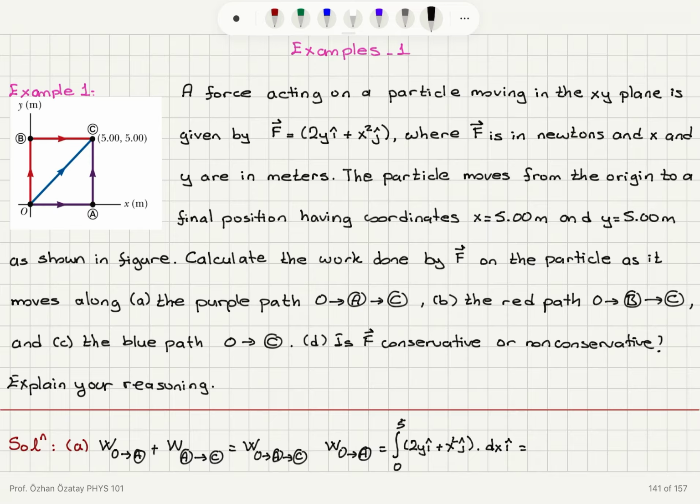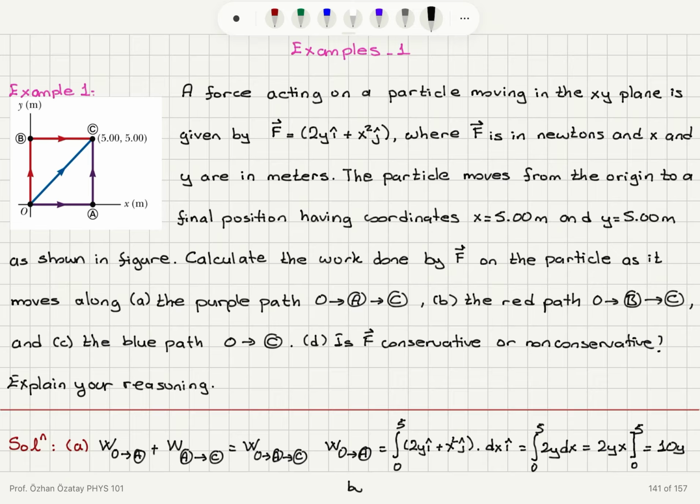So this integral will become from 0 to 5. Because j hat dot i hat is 0, we will have 2y dx, and this will give us 2y times x evaluated between points 0 and 5. So this is basically 10y.